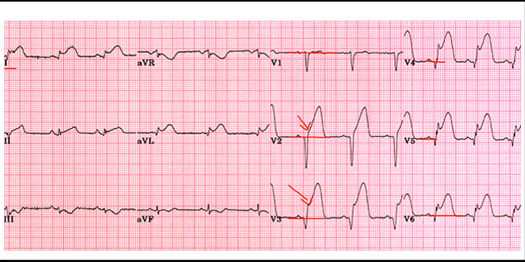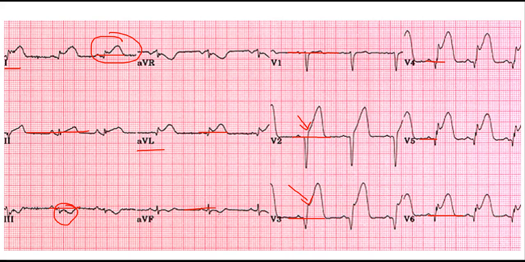Then you look at the high lateral, so lead 1 and AVL. You can see that lead 1 also has ST elevation, lead AVL has ST elevation, and then you look at the inferior leads. Now you can see lead 2 is normal, lead 3 has a little bit of ST depression, which is the reciprocal ST depression, and lead AVF is also quite normal, just a bit of T inversion.